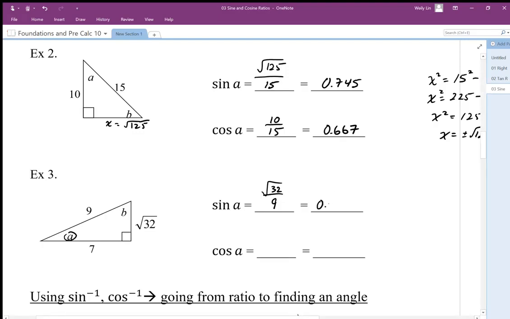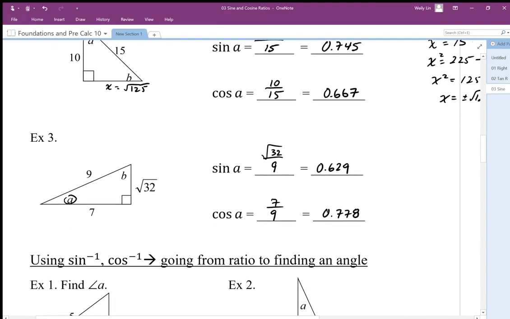The decimal value is 0.629, right around that. And then the cosine of angle A is going to be the adjacent side to angle A compared to the hypotenuse. And when we divide that, we end up with 0.7 repeating, so I'm going to round that to 0.778 for the third decimal.